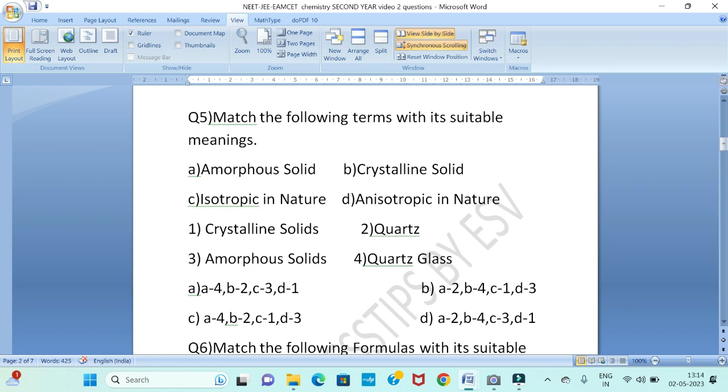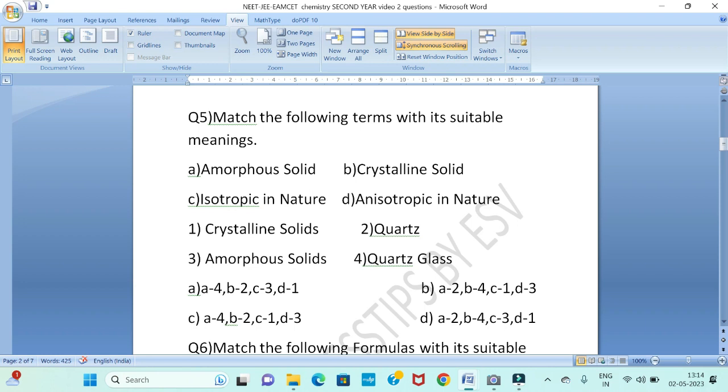So first, amorphous solid. Amorphous solid is quartz glass, A4. Next we are seeing crystalline solid. Crystalline solid means quartz, B2.